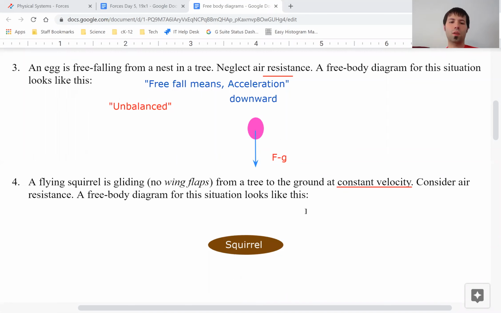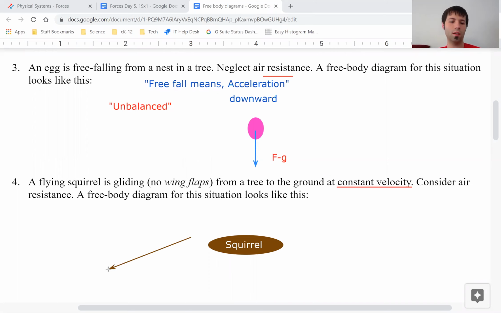Okay, flying squirrel, flying from tree to the ground at constant velocity. Let's just pretend for a second. So this squirrel has some velocity. Maybe he has velocity going in this direction. We know he's going toward the ground. Maybe his velocity is more in that direction.